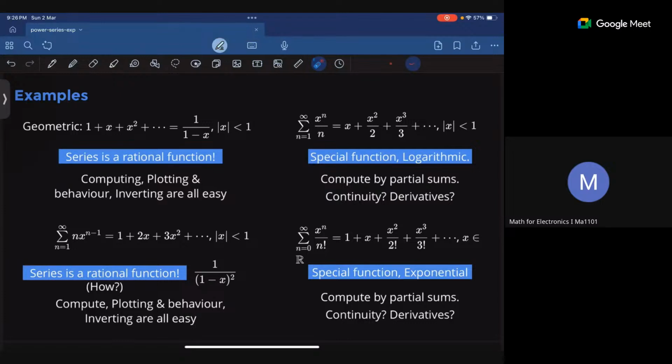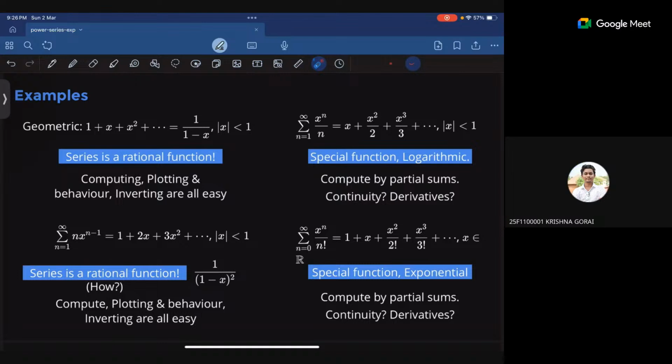If I take the differentiation of x, it will be 1. If I take the differentiation of x square, it will be 2x. Similarly, I'll get 3x square, 4x cube, and so on. So this expression 1 plus 2x plus 3x square, and so on, when mod x is less than 1, will converge to 1 by (1 minus x) whole square.